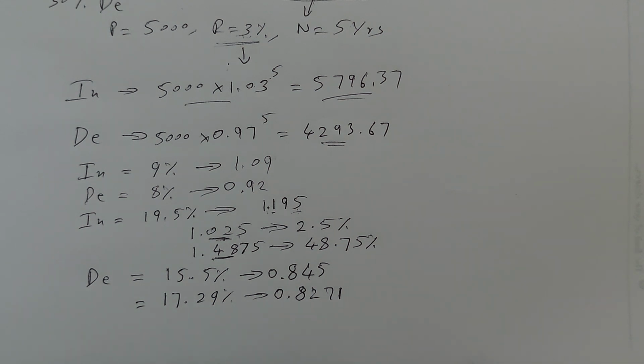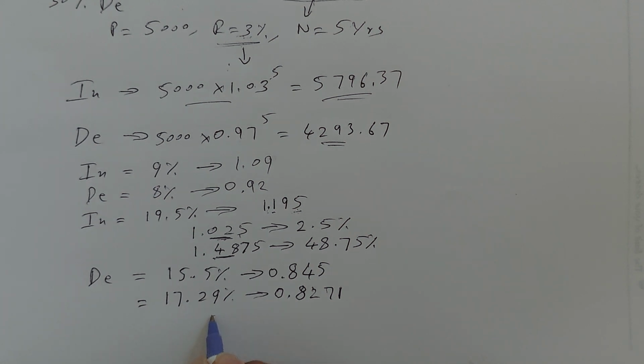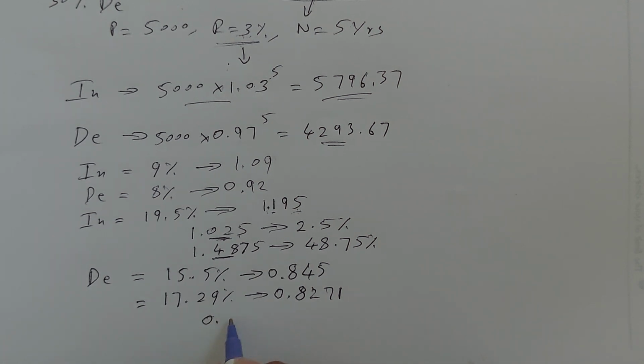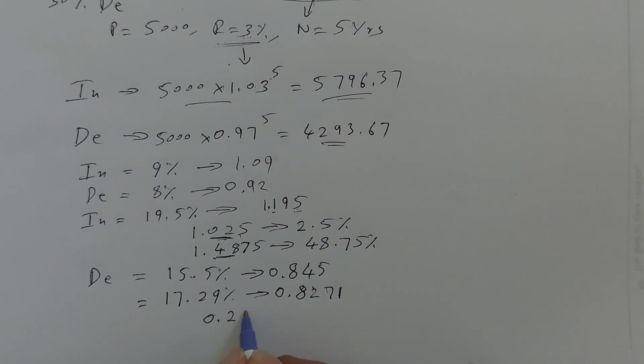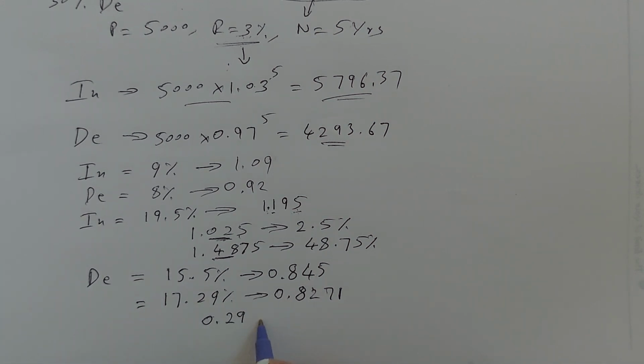Now, if something is given, like if they gave you some value and asked you to find the percentage for that, they say, can you figure out the percentage for that multiplier? For example, now they gave you 0.29. First thing is 0.29 is my multiplier.